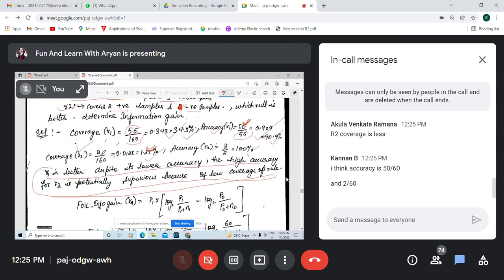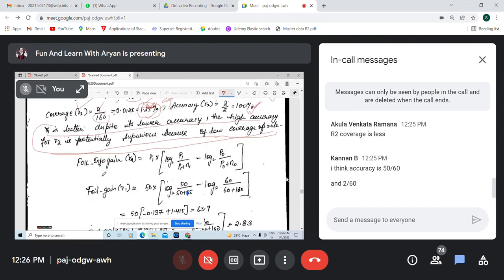Out of 160, only 2 it is covering, so that's why it is getting 100% accuracy. That's why in the exam you have to check this. Don't just write blindly that if it is 100%, this is a better rule. We have to check the coverage also, the percentage of coverage. Here, it's a huge difference between this and this.